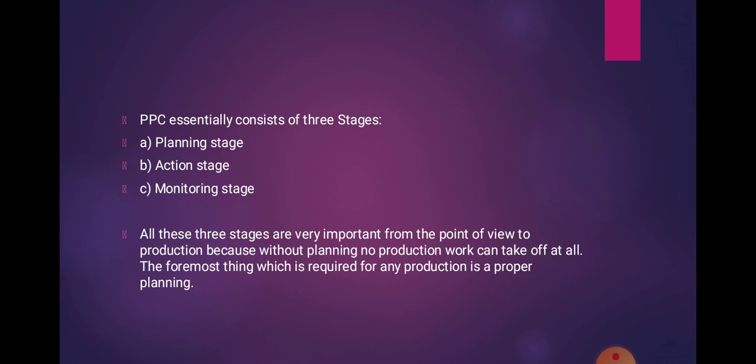The planning department prepares various charts, manuals, and production batches on the basis of information received from the management. These plans and charts are given practical shape by carrying out various elements under production control.